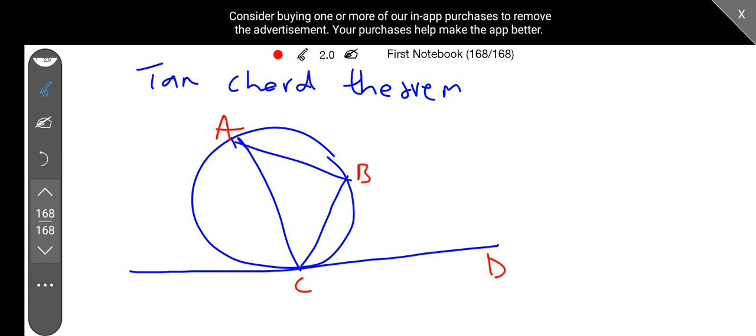We know that ED is a tangent, alright? Why? Because it touches the circle at one point. They won't tell you that it's a tangent, but you must know that it's a tangent.